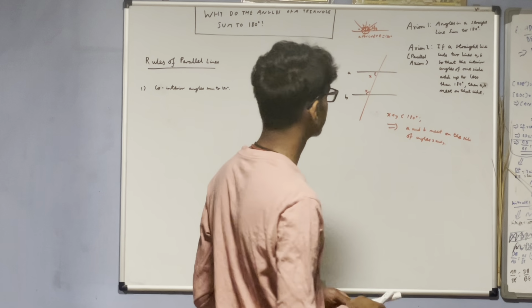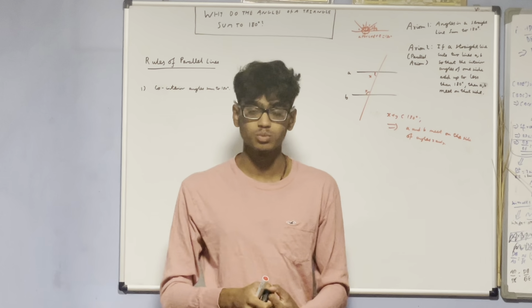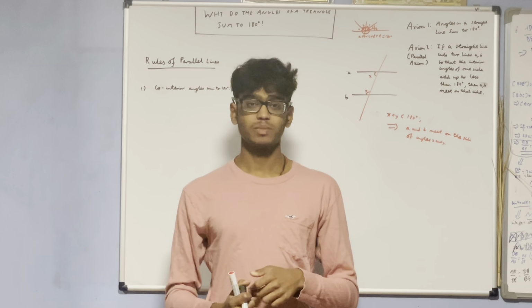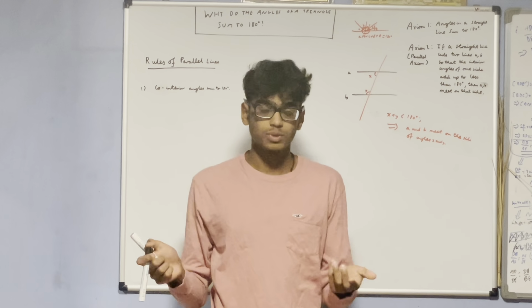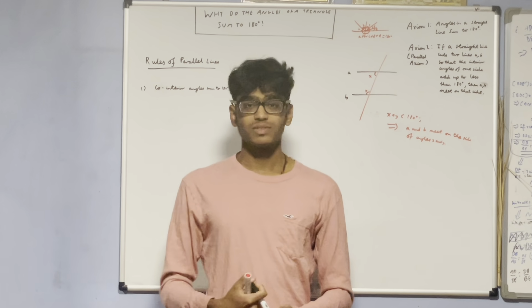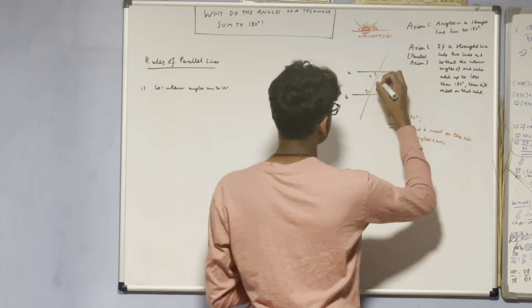And an axiom, I should add, is something that can't quite be proved but has to be assumed for us to make progress. They're almost defining properties, so they're a bit like Newton's laws in physics. So say I mark these other two angles as what they are.